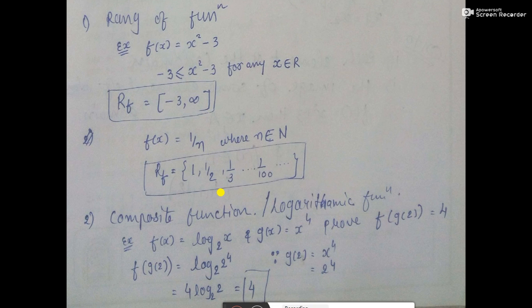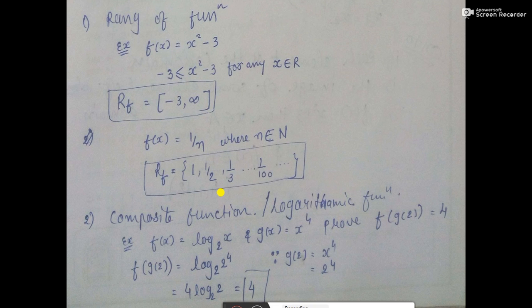Because x is related to R, the real numbers. Another example: if a function is 1 by n, where n belongs to N, natural numbers, then it will start from 1 by 1, 1 by 2 will give 1 by 2, 1 by 3 will give 1 by 3 as the answer. It means it will go from 1 to the infinite value.